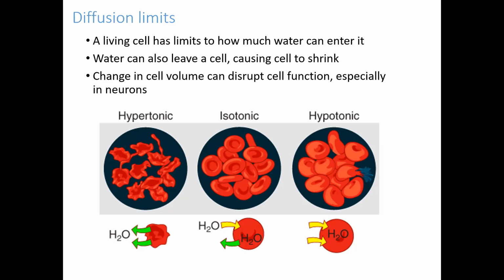If you take a red blood cell and drop it into a 10% salt solution, well, you know what water does. Water always goes from the high water side to the low water side. So there's more water inside the cell than there is out, and water will go out of the cell and it'll shrivel up, it'll crenate.